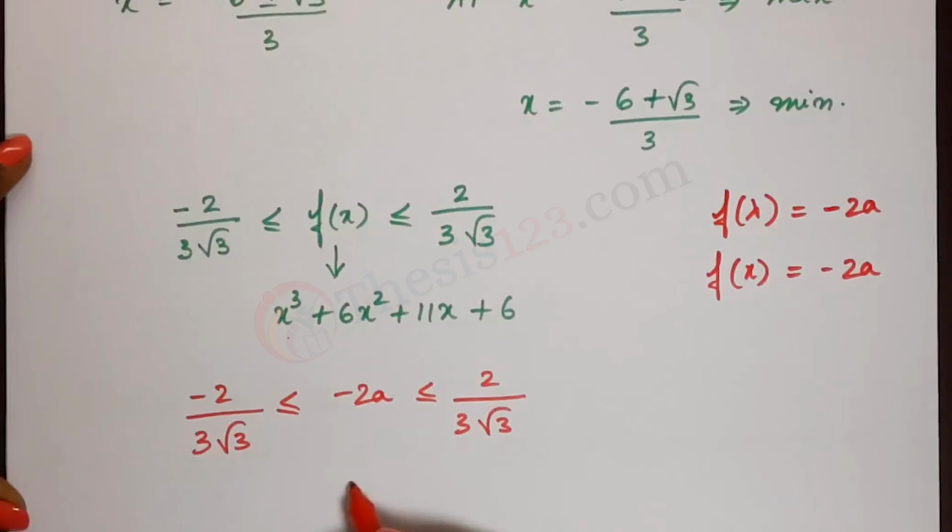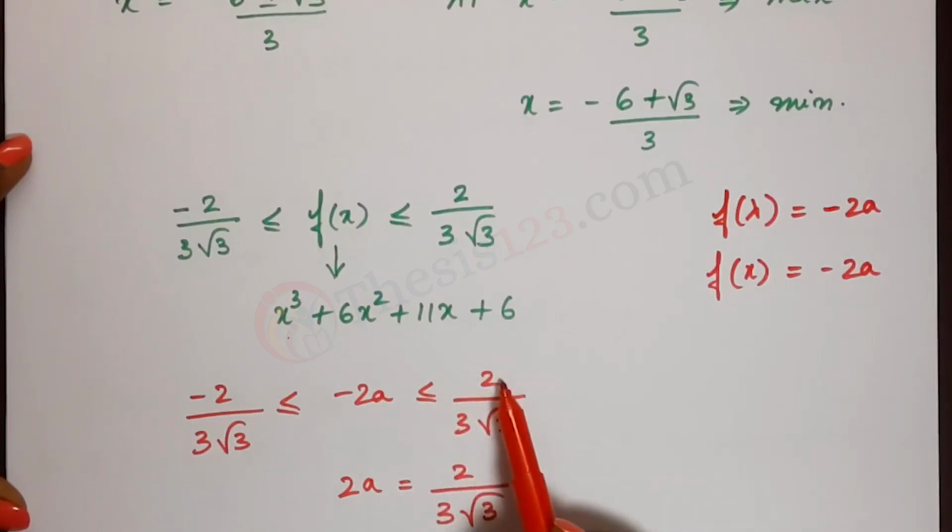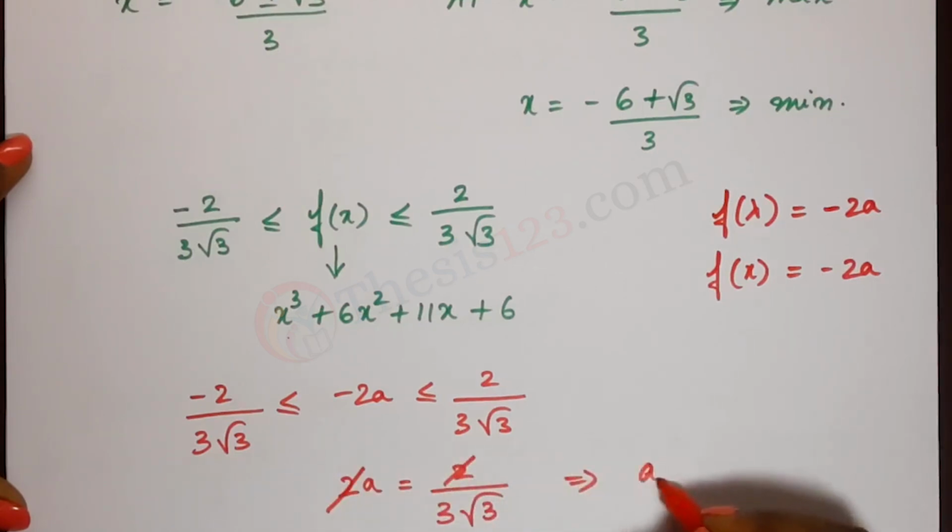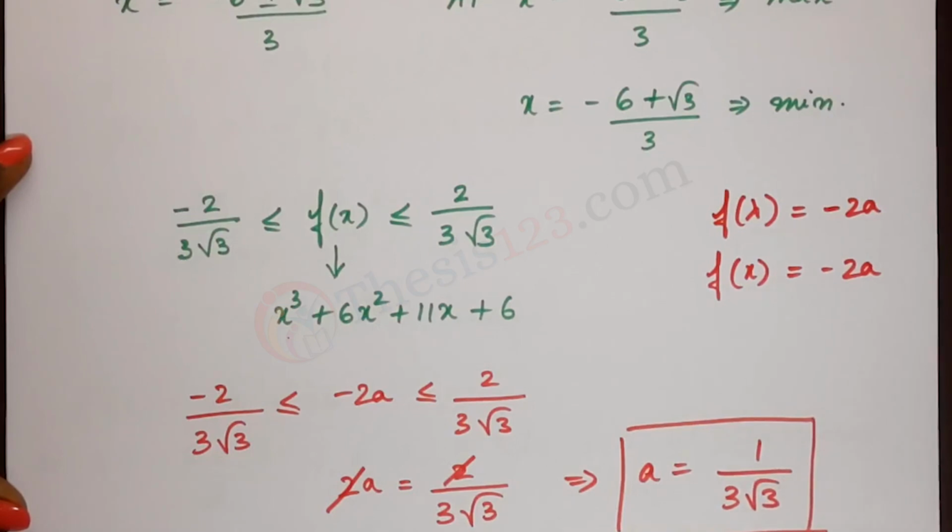So this gives us 2a equal to 2/(3√3). That's because we are taking only the maximum value, so the maximum value would be positive. Now we can solve this further and we would obtain the value of a as 1/(3√3).